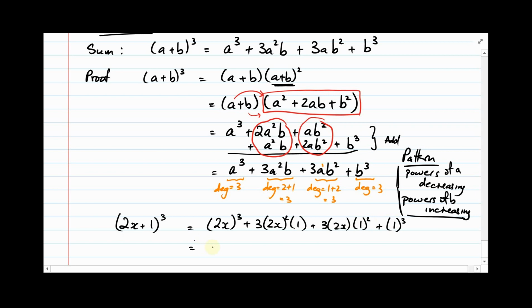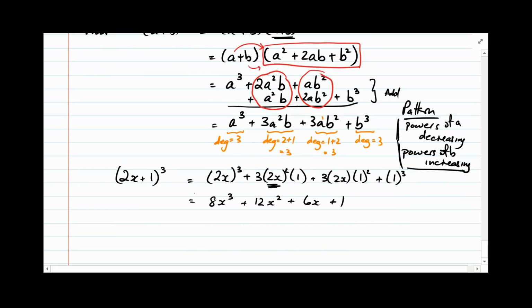Simplifying, 2 to the third is 8x cubed. 4 times 3 is 12x squared. How did I get 4? 2 squared is 4, so 4x squared times 3 is 12x squared. Continuing on, we have 6x plus 1. So we end up with a polynomial, a degree 3 polynomial.